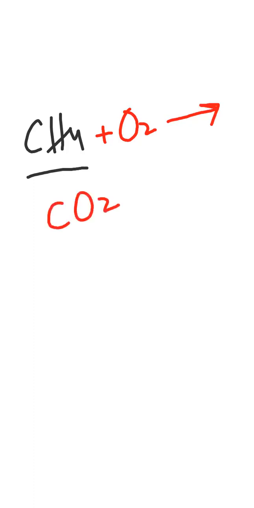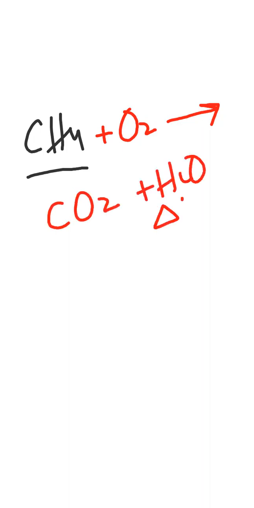So this is the simplest alkane, CH4. It is burning with the oxygen. You know, oxygen is something which helps in burning. So if you want to burn something, definitely you have to use oxygen. This is methane, CH4. It is burning with the oxygen. It is giving you carbon dioxide, water, and a large amount of energy.